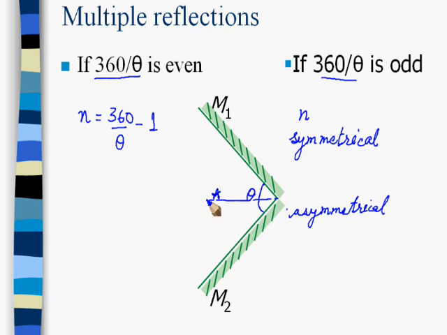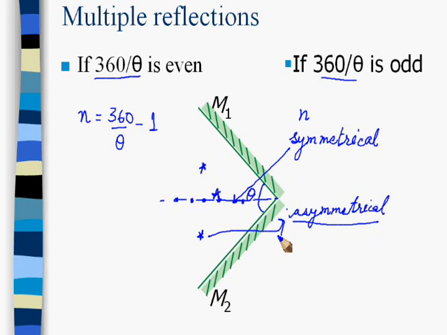If we have the bisector of this angle theta and the object is placed on the bisector at some point, then this placement is called symmetrical placement. While if the object is placed at any point different from the bisector, then the object placement is called asymmetrical.